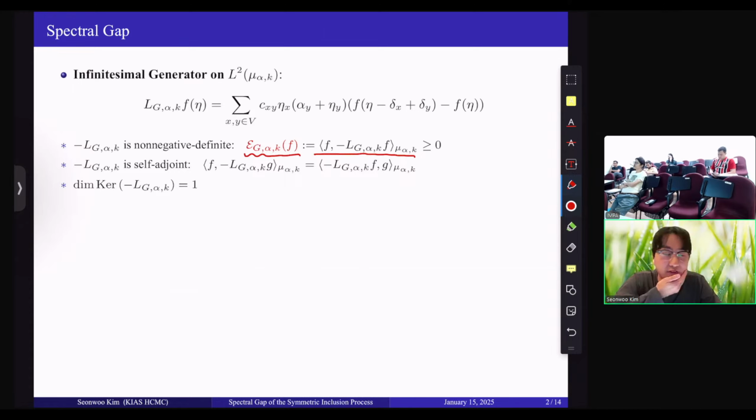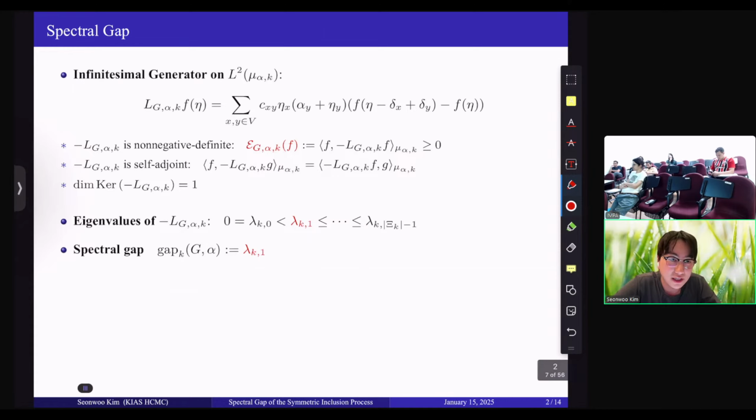I'll come back to this in maybe 20 minutes in the proof. Because of detailed balance, the minus generator is always self-adjoint. And because the process is irreducible, the dimension of the kernel of L is always 1.